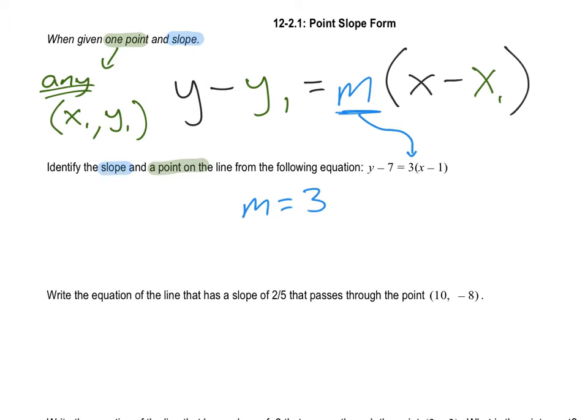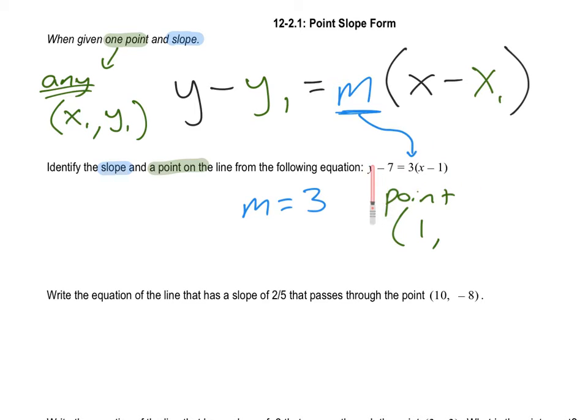Now the trickier part is taking out the coordinates. So in math we use these minus signs to represent opposites. So when we go down here to read this, it says -1, but the actual value is the opposite of what we see. What's the opposite of what we see there? 1. So the given coordinates, the points given to us in the equation, the first thing is 1, the x value is 1.